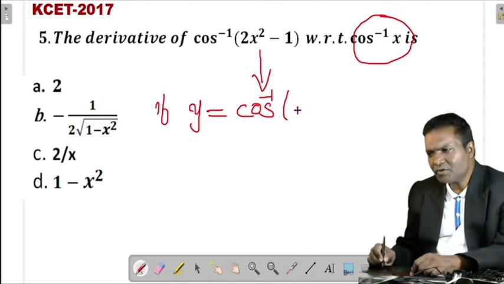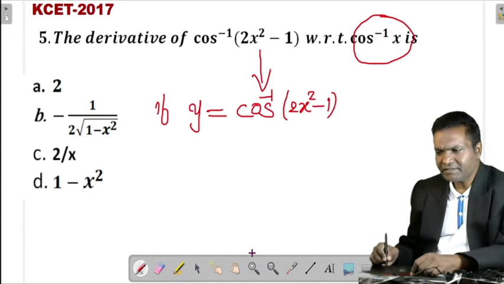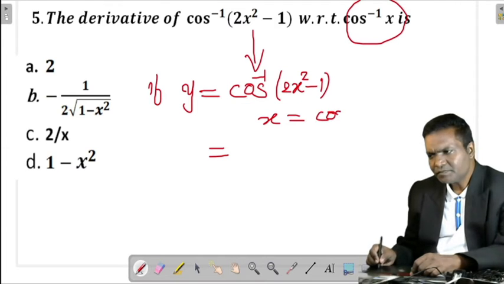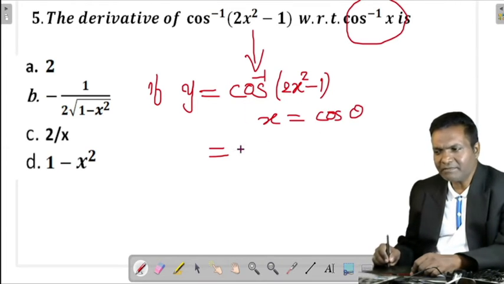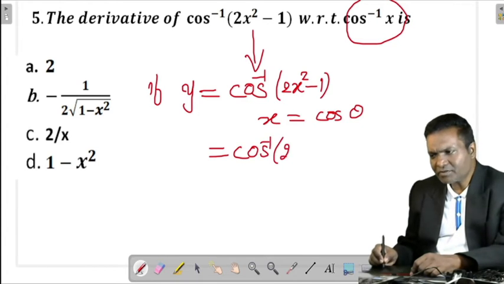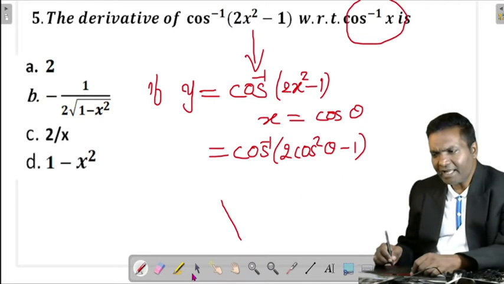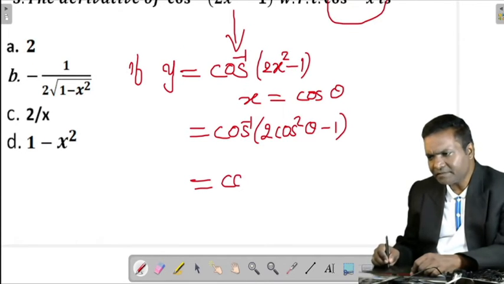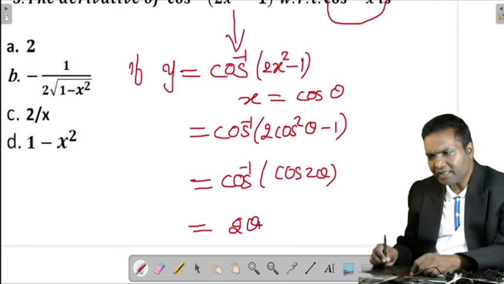If I take y equals cos inverse of 2x square minus 1, then if I substitute x as cos theta, it becomes cos inverse of 2 cos square theta minus 1. And as we know, 2 cos square theta minus 1 is cos 2 theta.